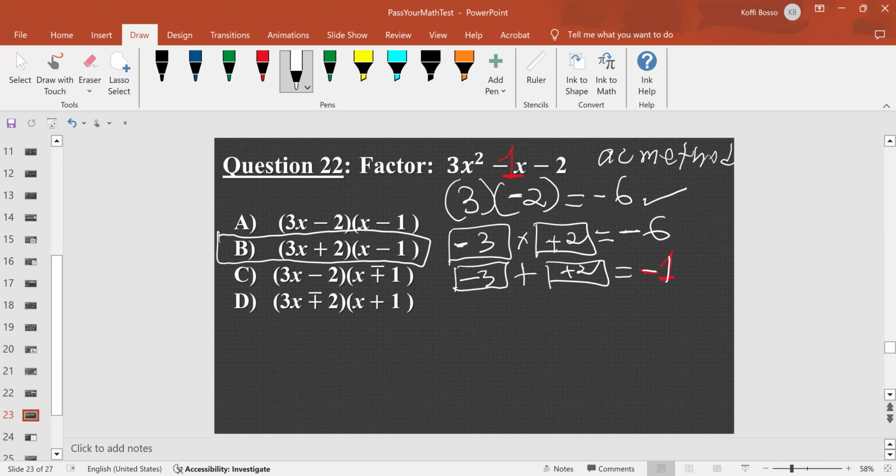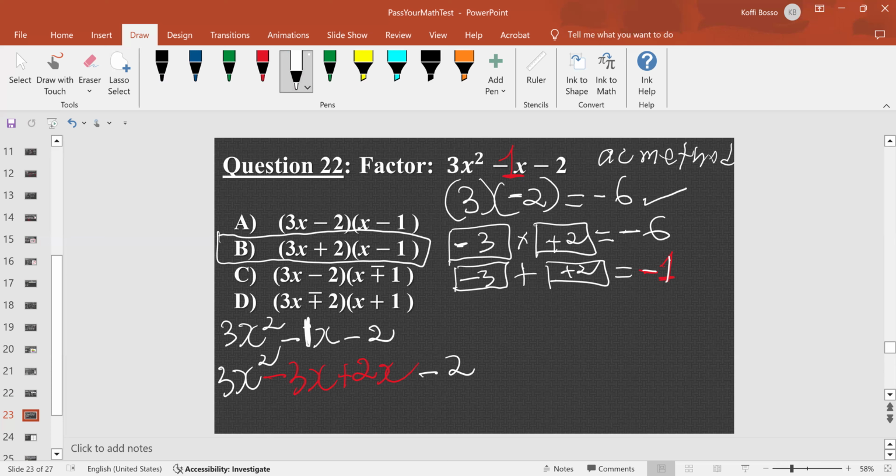Okay, after you find the two numbers, the next step is to rewrite the expression. Remember, we have 3x squared minus 1x plus a minus 2. So we're going to write this as 3x squared. The minus 1x, we're going to write as negative 3x plus 2x before we minus 2.